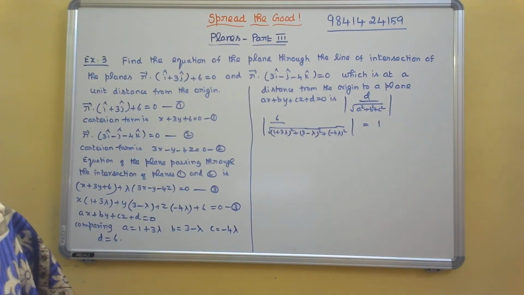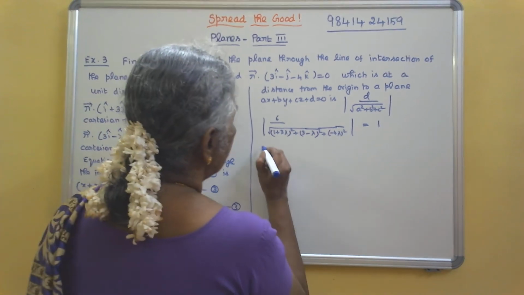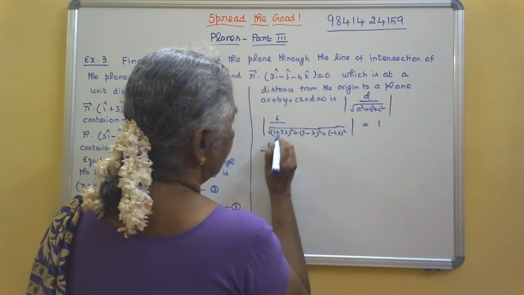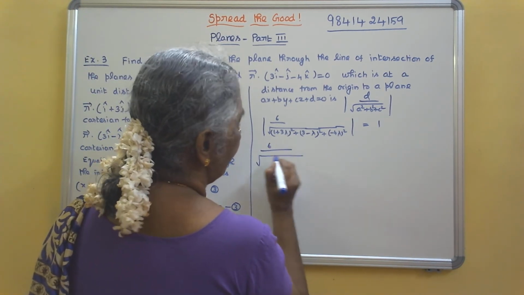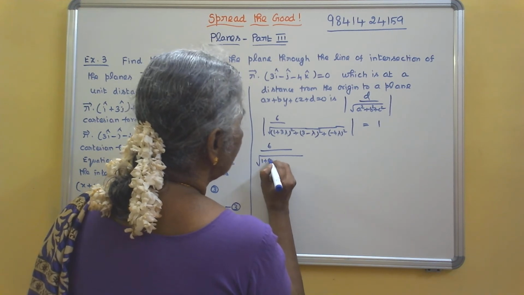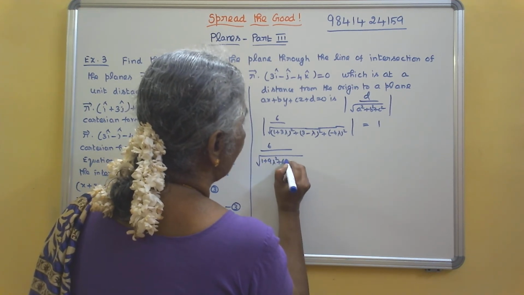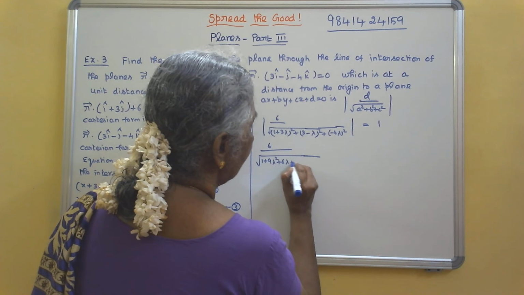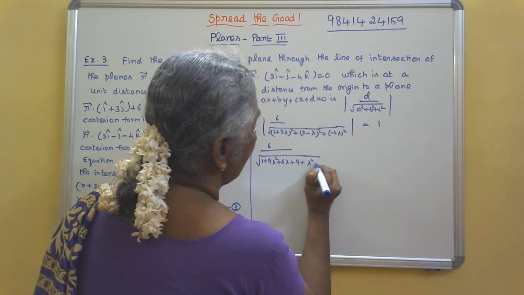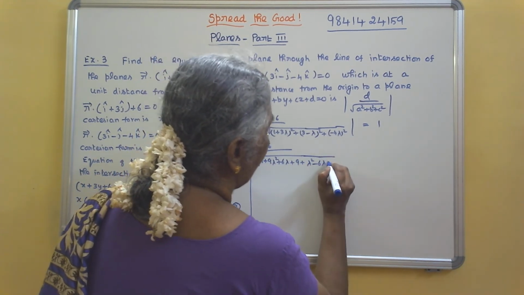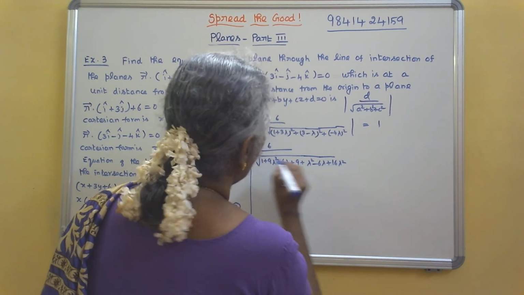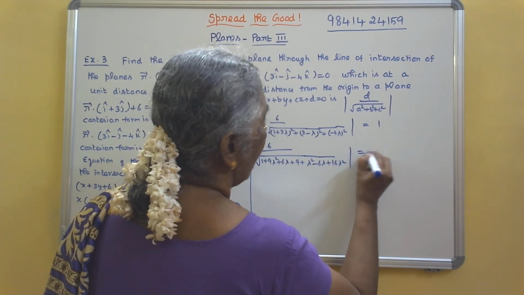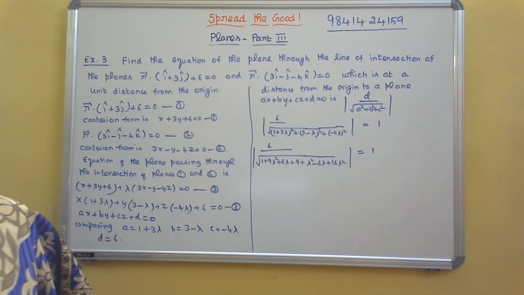Now if you expand it, you will be getting 1 plus 9 lambda square plus 6 lambda, plus 9 plus lambda square minus 6 lambda, plus 16 lambda square. That will be equal to 1.